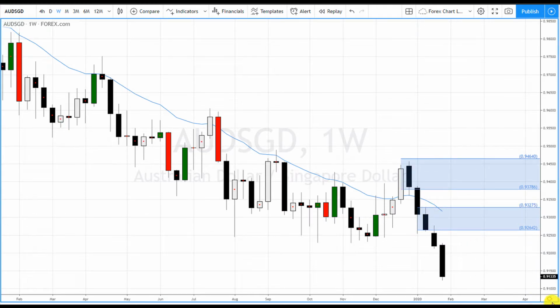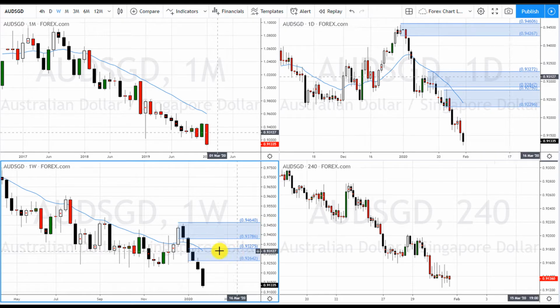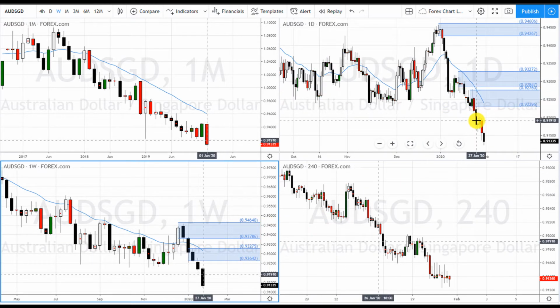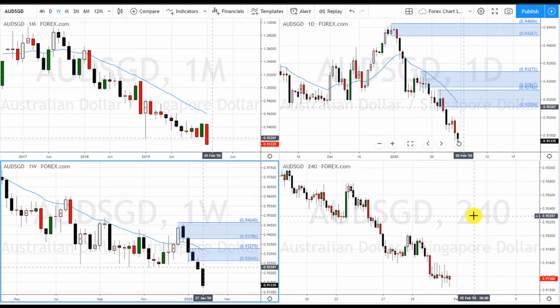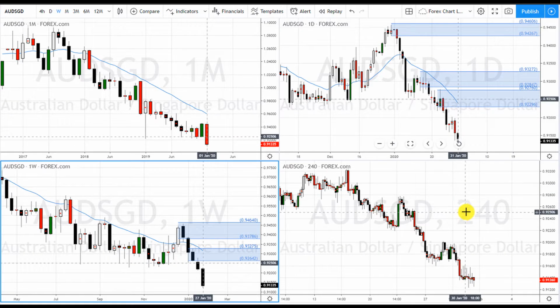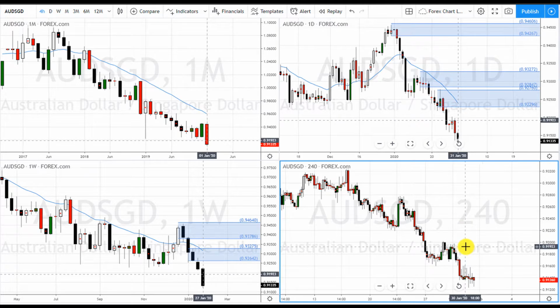So that's an area that we can look to short at. But if in doubt, I would just short up here, but we'll have to see what the price action is on this when the next market opens.